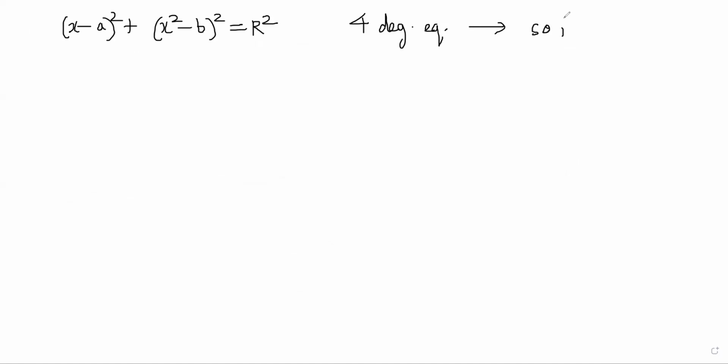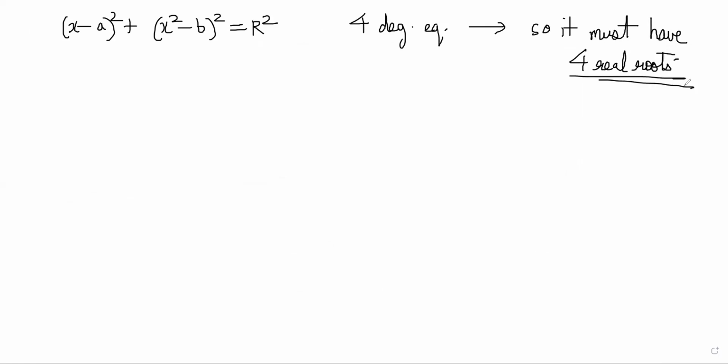We have x minus a whole square plus x square minus b whole square is equal to r square. This is a 4-degree equation. A 4-degree equation cannot have 3 real roots because imaginary roots will occur in pairs. So we already know that it has 3 roots, so it must actually have 4 real roots, right?